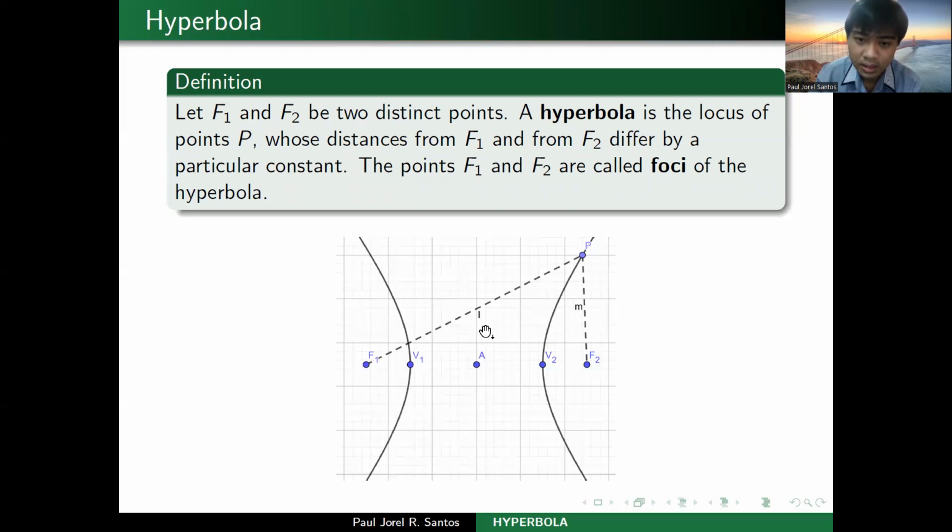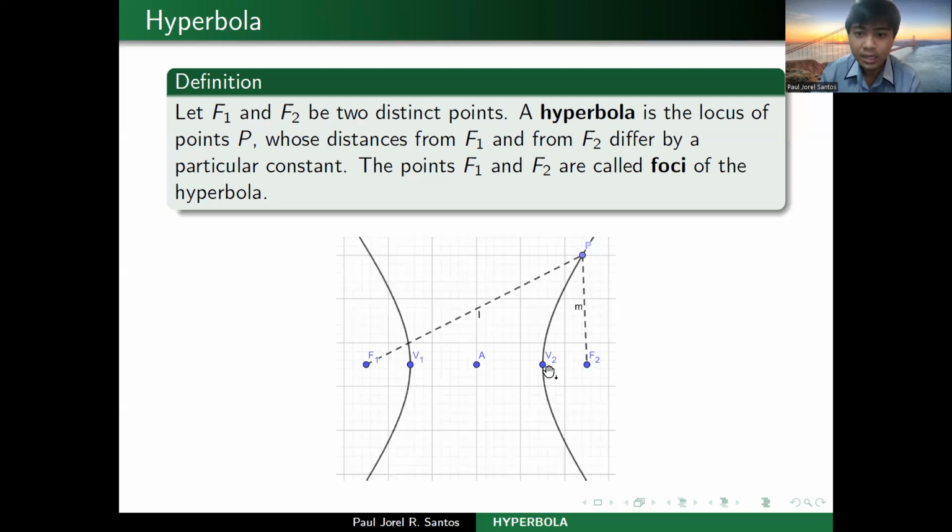The difference that I obtained from the first one is the same as the difference that I will obtain from the second one. So that is what the definition tells us.